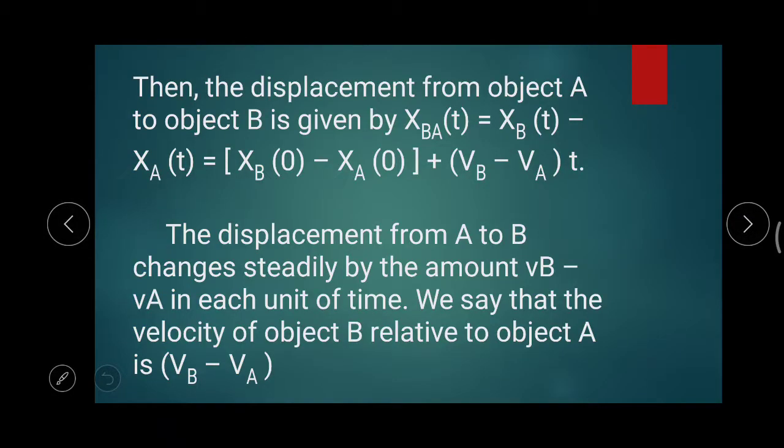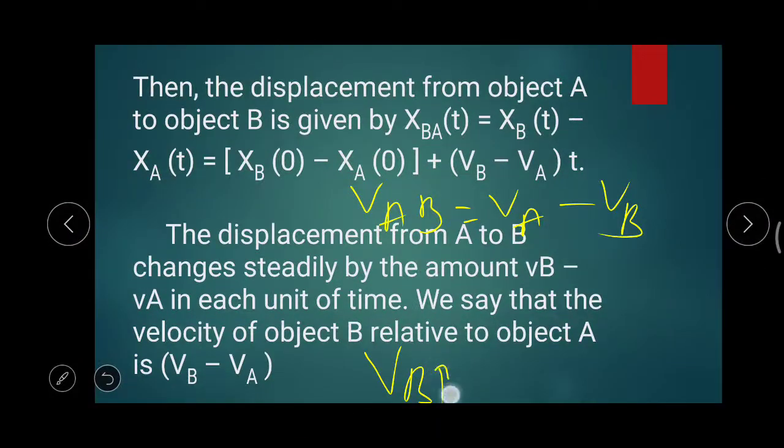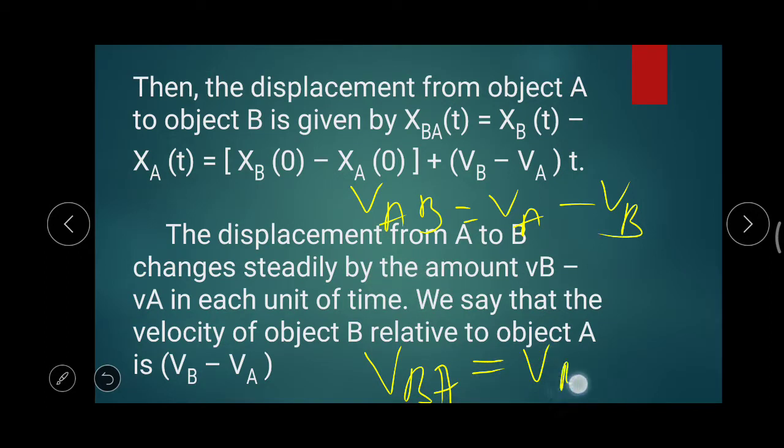So VAB is equal to VA minus VB, and VBA is equal to VB minus VA.